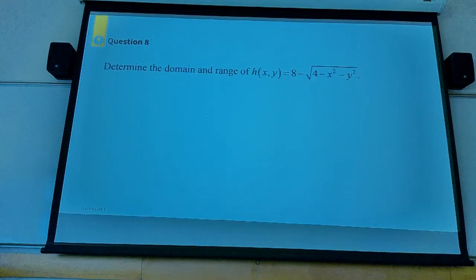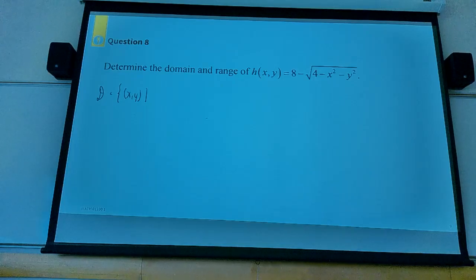Domain and range. It's two variate, so it's a set of ordered pairs. What was the rule with square root?